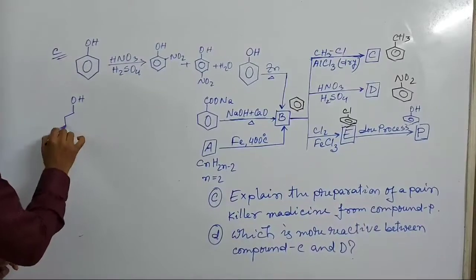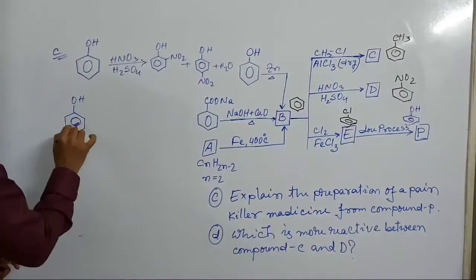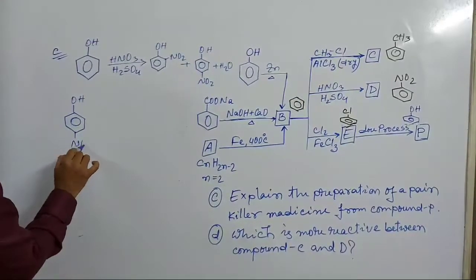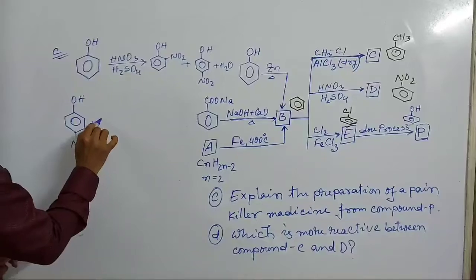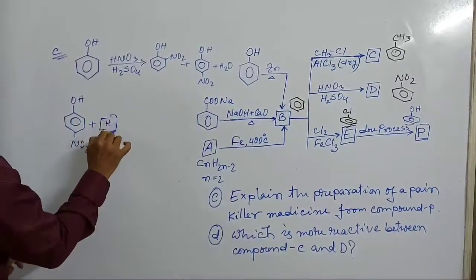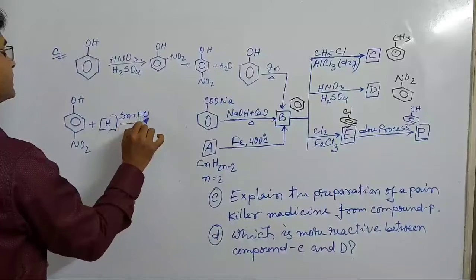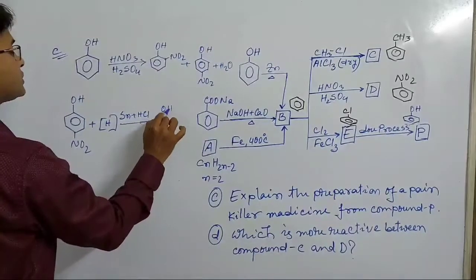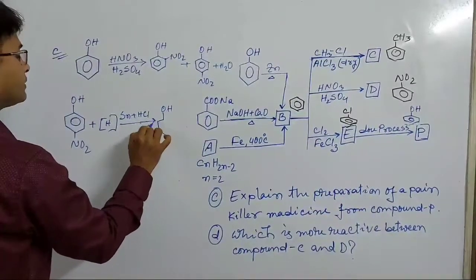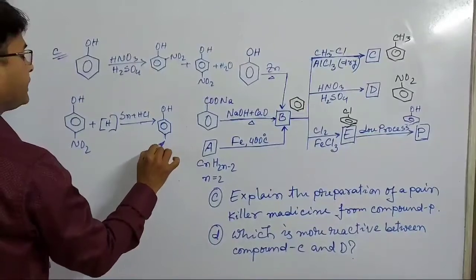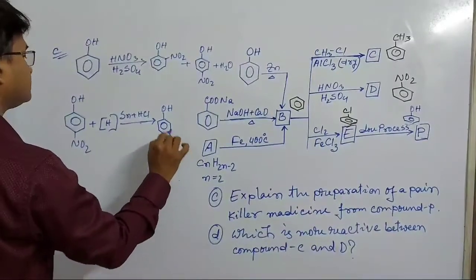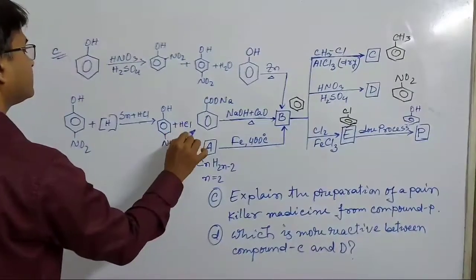Then paranitrophenol is reduced by stannous and hydrochloric acid to produce para-aminophenol.